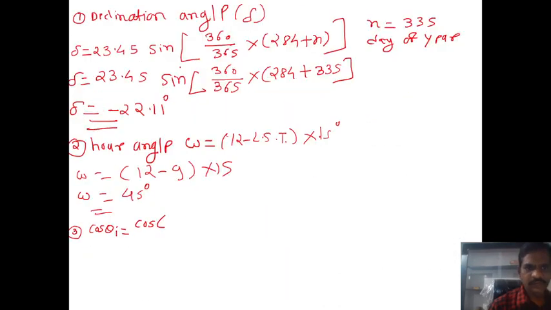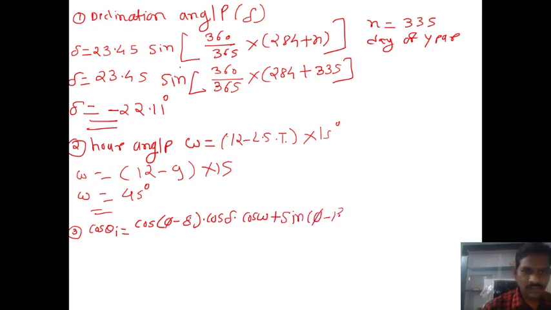So cos theta equals cos (phi minus beta) into cos delta into cos omega, plus sin (phi minus beta) into sin delta.